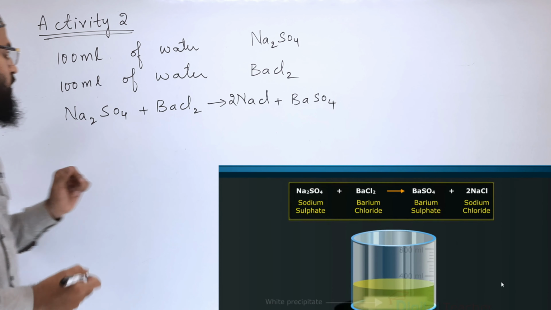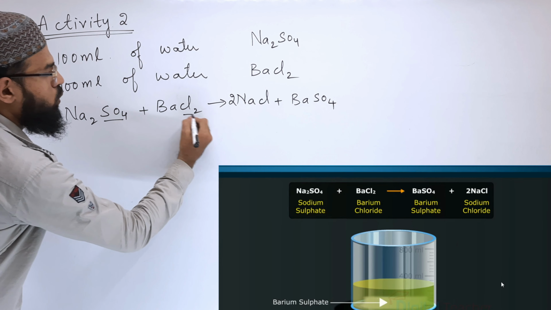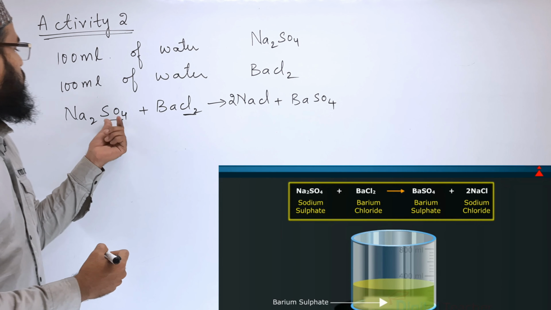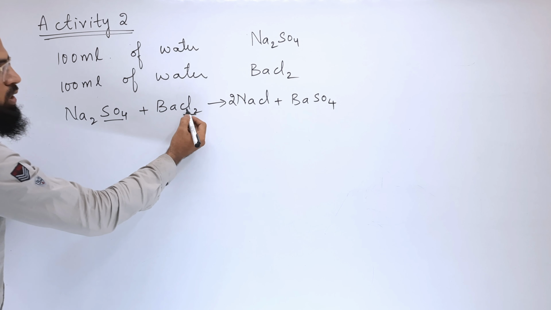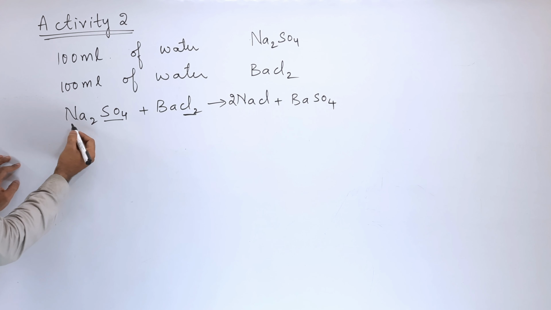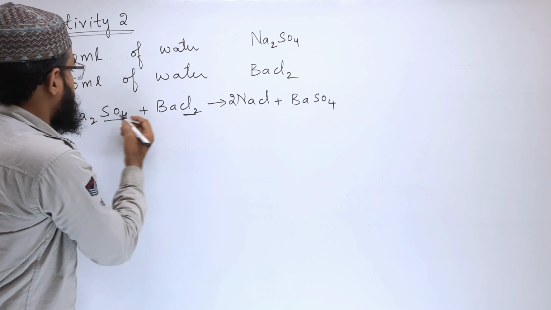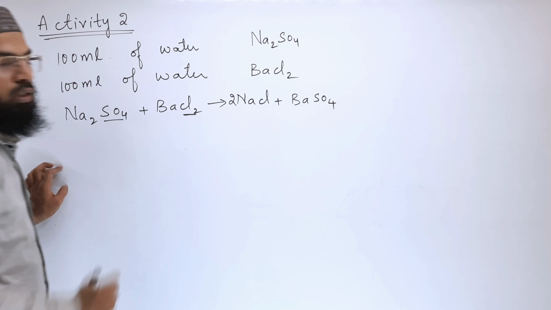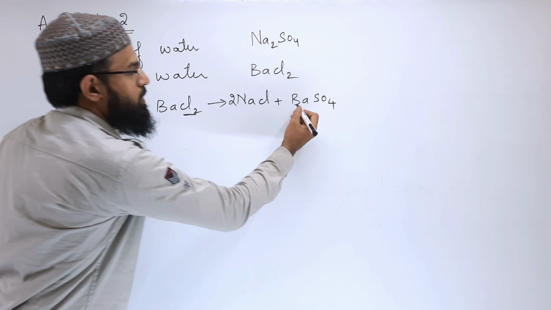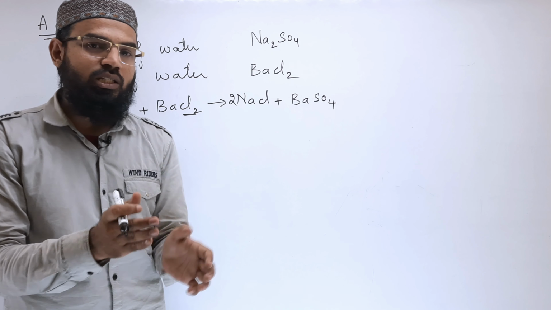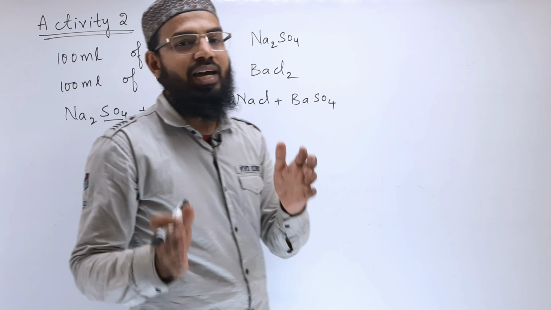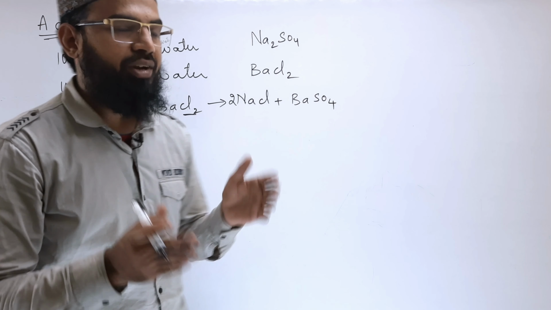Here you can see that these two constituent parts have been displaced. That means Cl comes to sodium and SO4 goes to Ba, and it becomes BaSO4 and NaCl. That means two things have changed their places. That's why we call this a double displacement reaction.